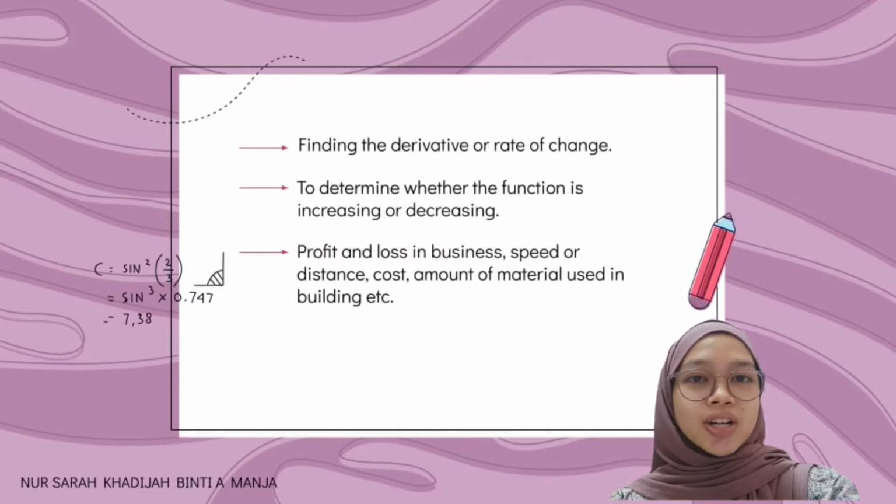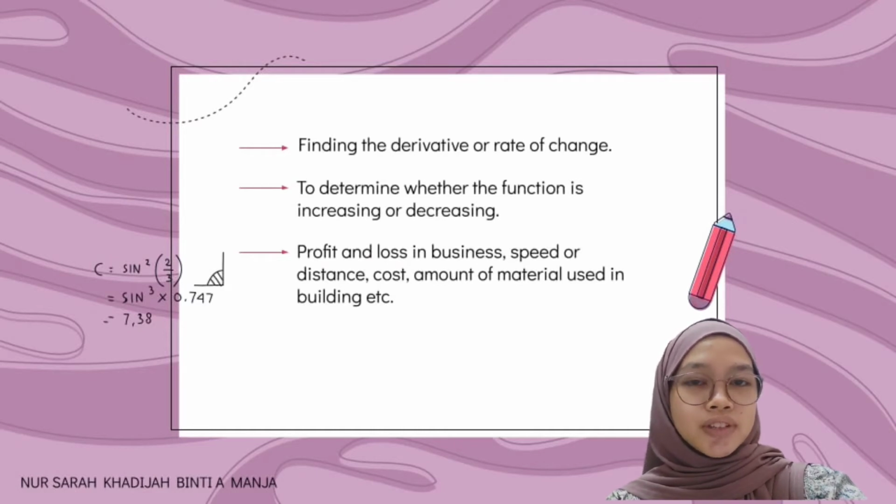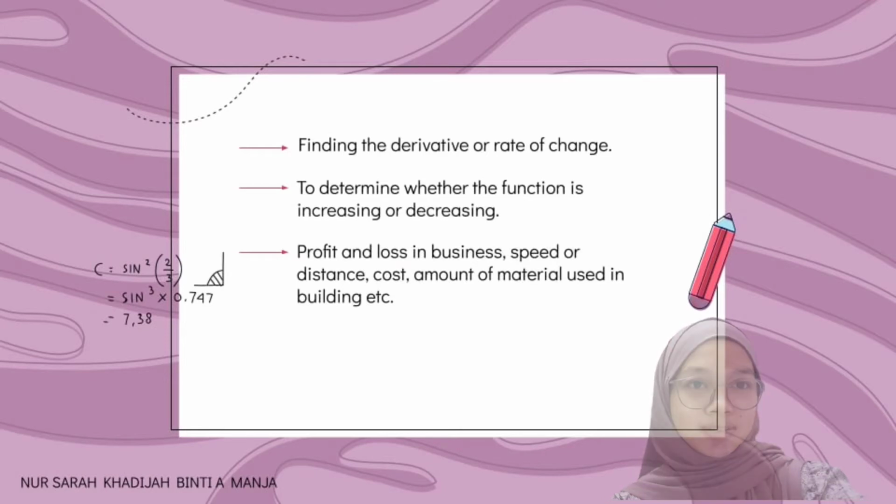Subsequently, if the function is decreasing, the derivative is always negative. Apart from that, we also use derivatives in our real life, such as profit and loss in business, speed or distance, cost, or amounts of material used in a building, etc.